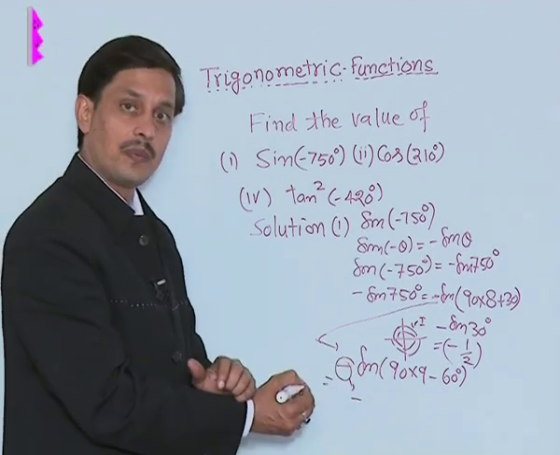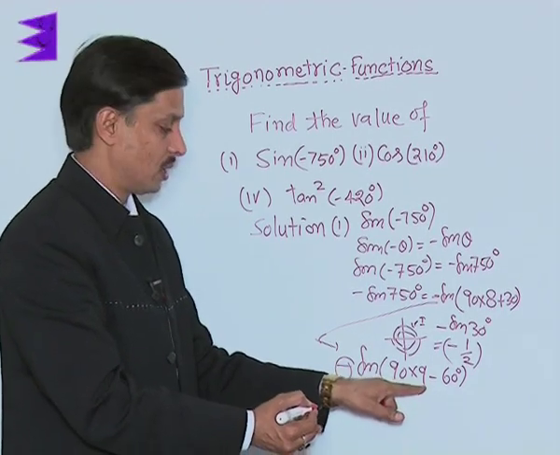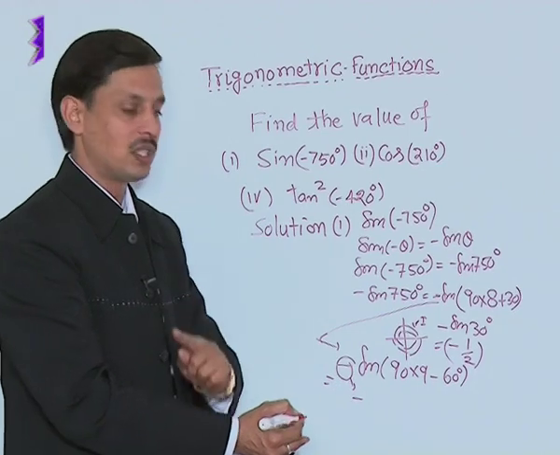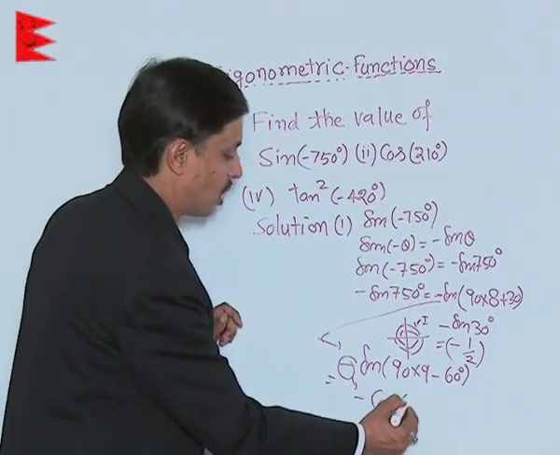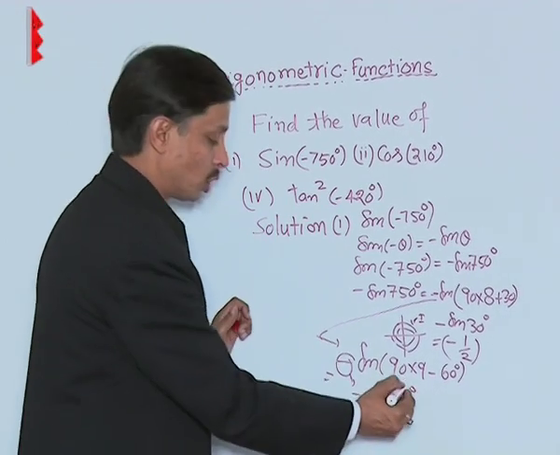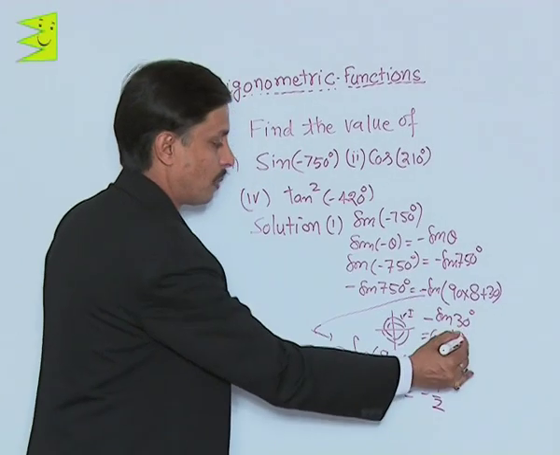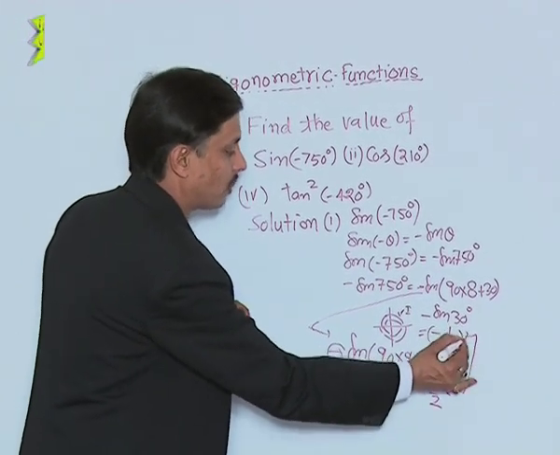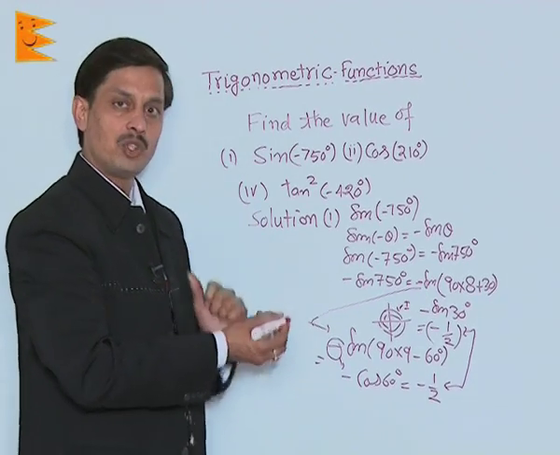The angle is lying in the first quadrant, but it is an odd multiple, so sine will convert to cos, and I will write minus of cos 60 degree. So this value is minus of half. I can adopt any of the methods, but the value of the trigonometry will not change.